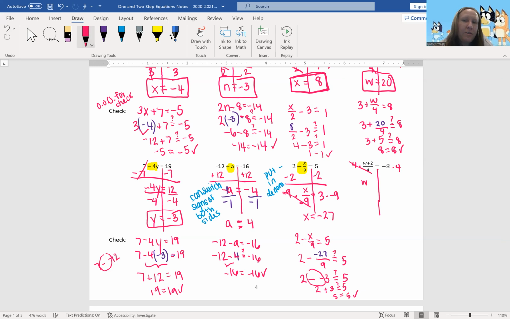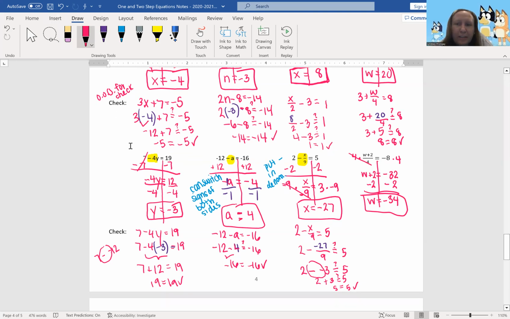Now we're going to bring down that numerator, which is w plus 2. It equals negative 32. And now I can get rid of my plus 2 by subtracting 2. And w equals a negative 34. Okay, so you're probably not going to encounter that often, but I did want to throw that in there just in case.